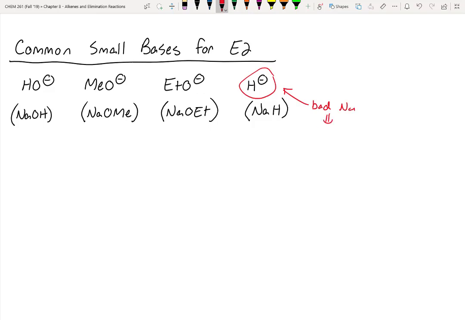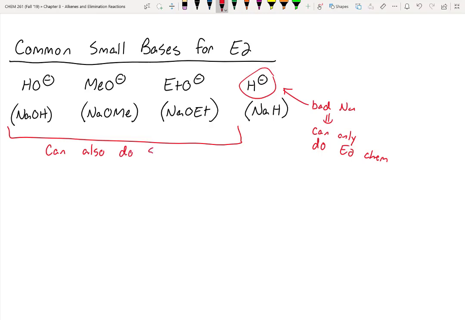Therefore, it can only do E2 chemistry. These ones can also do SN2 because they're pretty good nucleophiles, right?